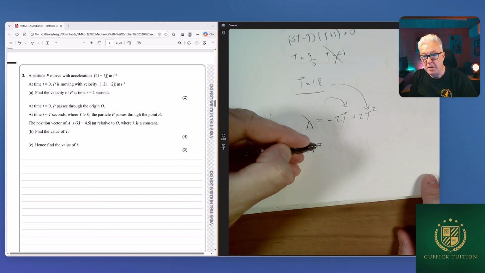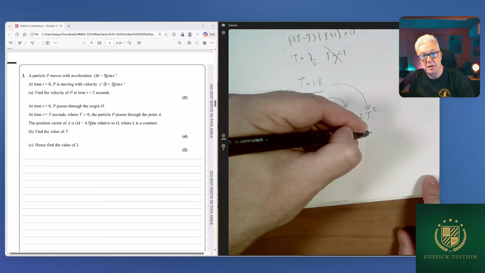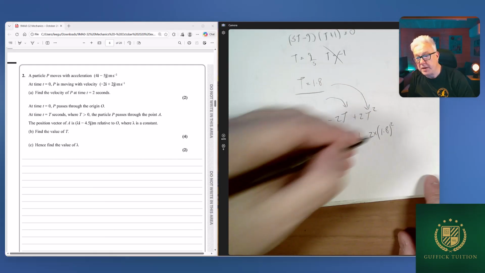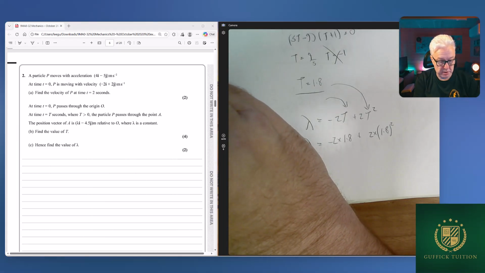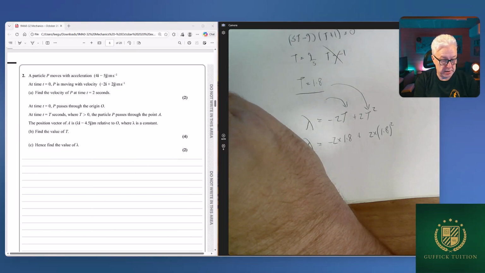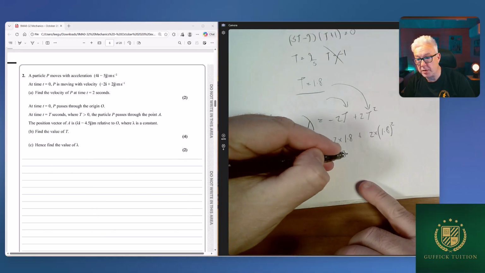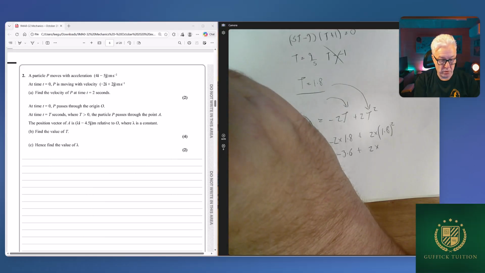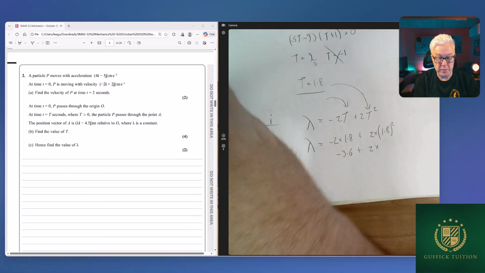So lambda is going to equal minus 2 times 1.8 plus 2 times 1.8 all squared, like so. Let's see what that's going to give us. Minus 2 times 1.8 is minus 3.6. Plus 2 times 1.8 squared. 1.8 squared is 3.24.